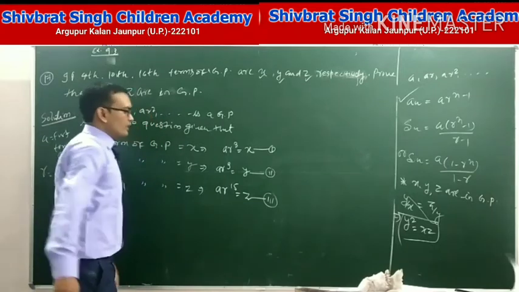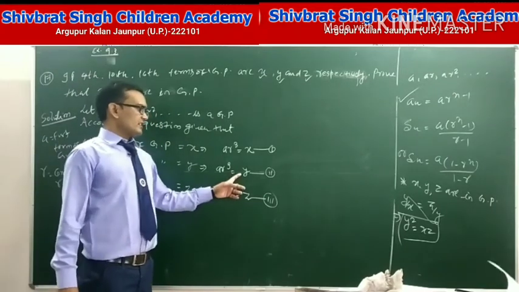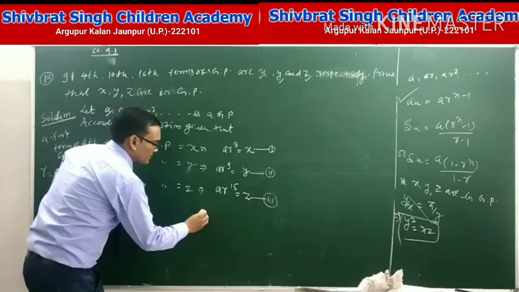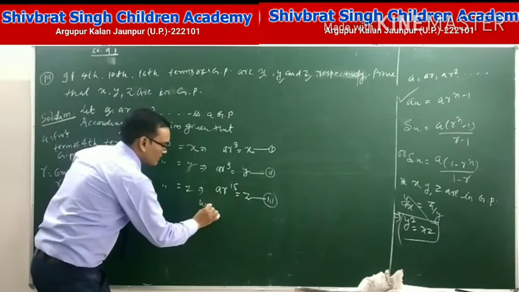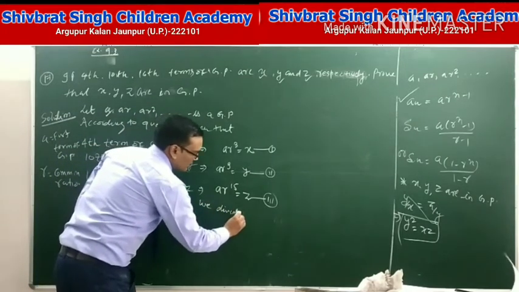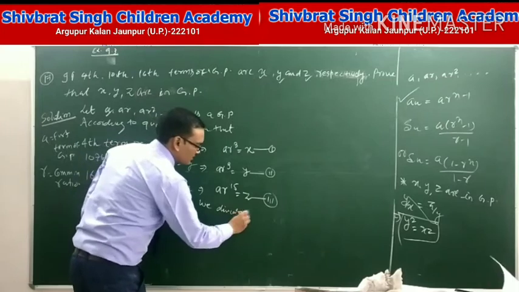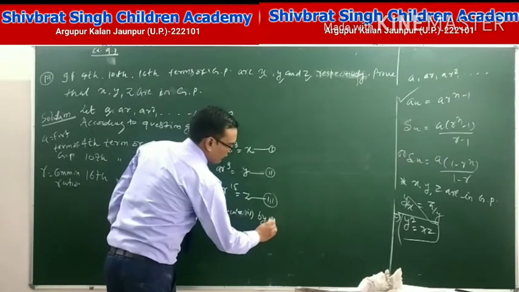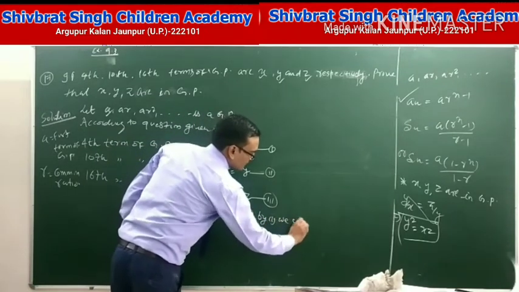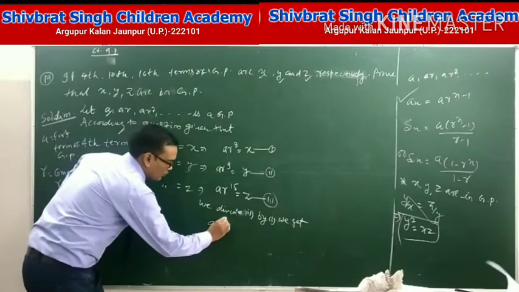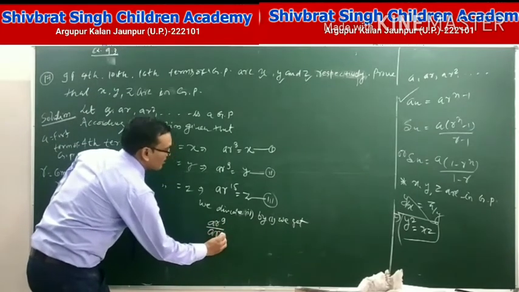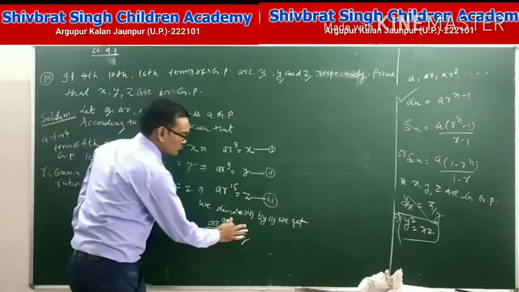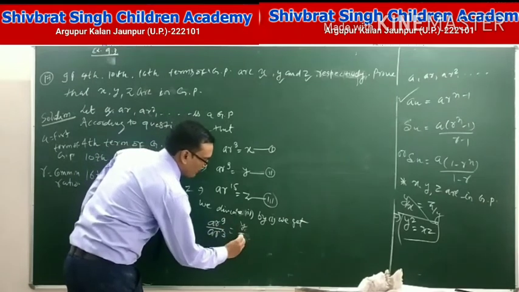First we divide second by first. That means AR to the power 9 upon AR to the power 3 equals y upon x.